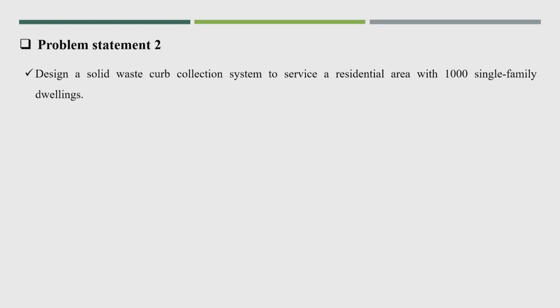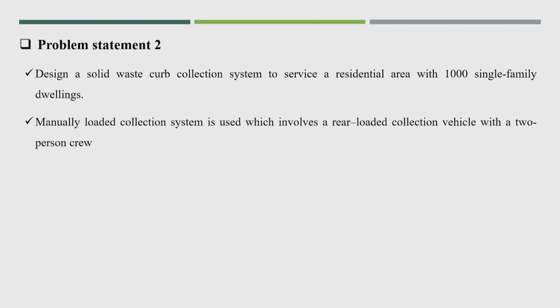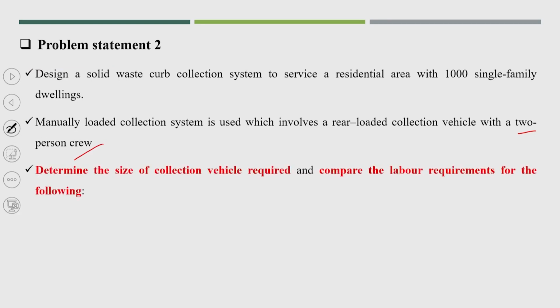In a similar way, 1000 single family dwellings with a manually loaded collection system and the facility of a rear loaded collection vehicle, and here the option is given only for the 2-person crew, only one option, and we have to determine the size of collection vehicle required and compare the labor requirement for ND 2 and ND 3. These are the two options given. But remember that we have only one choice for the crew, only the 2-person crew.